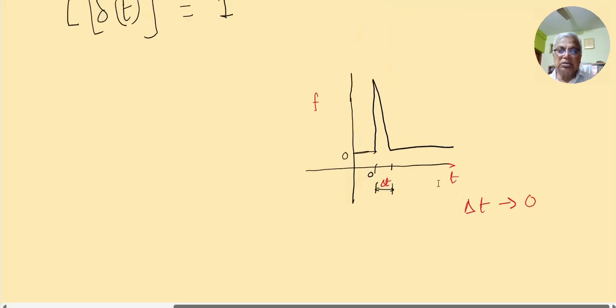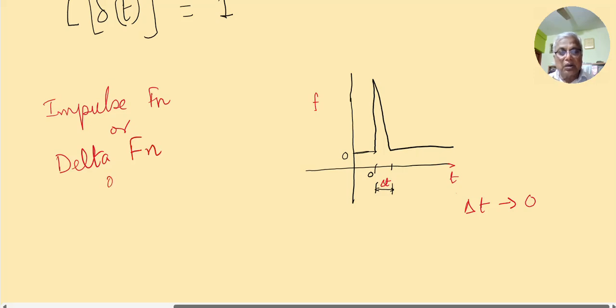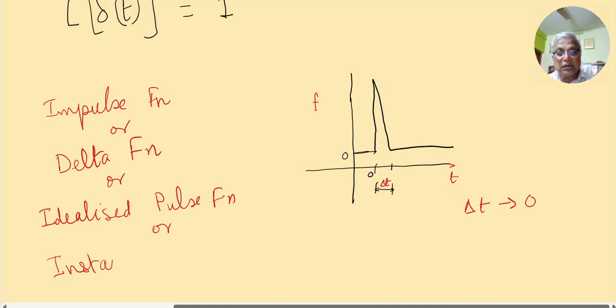So the impulse function is also known as delta function, or it is also known as idealized pulse function because it is the ideal case of the pulse function, or instantaneous pulse function. So the common names are impulse function or delta function.